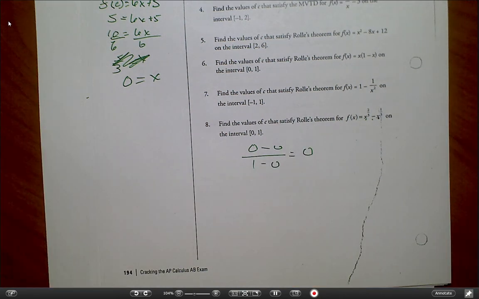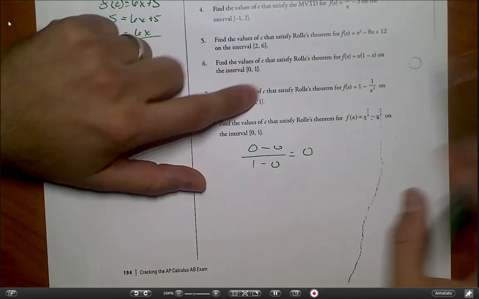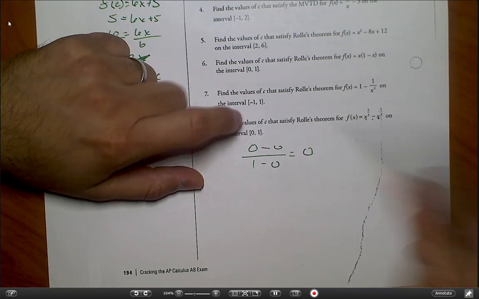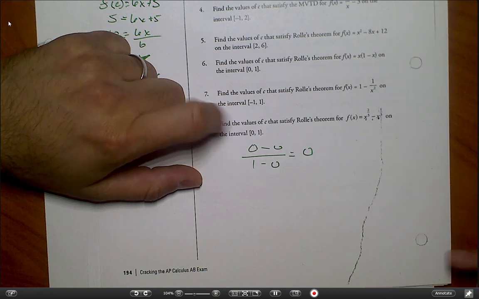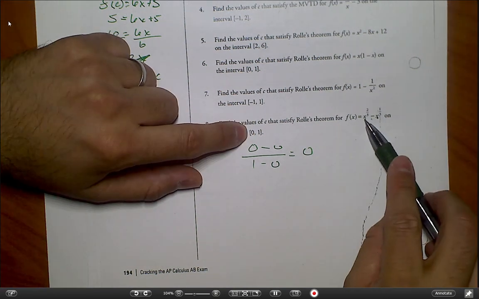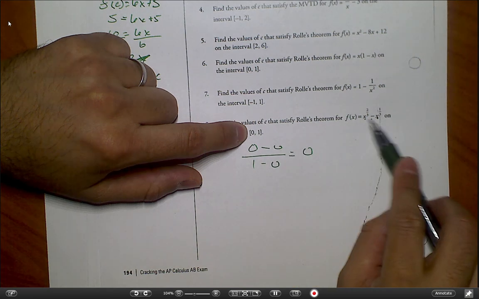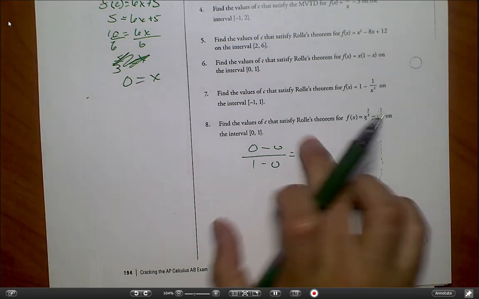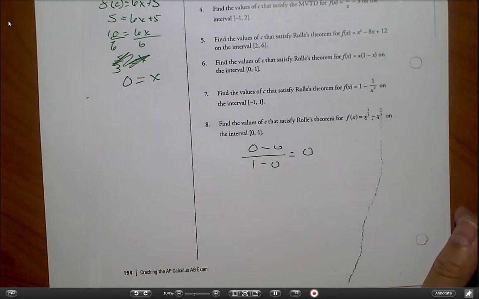So that's Rolle's, right? So for the endpoints, if I were to plug this in, it'd be 1 minus 1. Now find c values that satisfy that one right there.